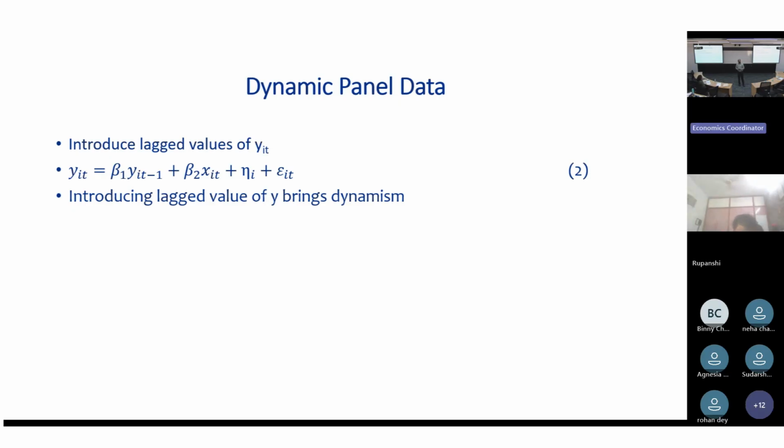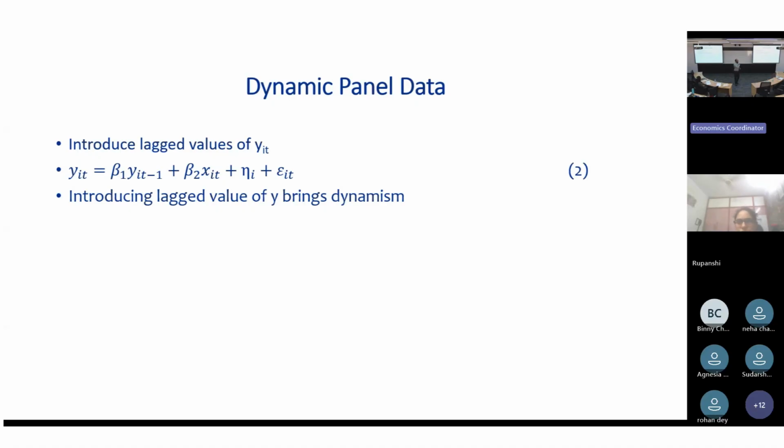Then employment. The dynamism that we are talking about is employment dynamics. Is the current level of employment influenced by previous levels of employment? Okay. So all these are examples of what you call a dynamic panel model.